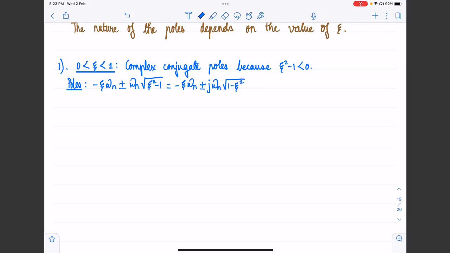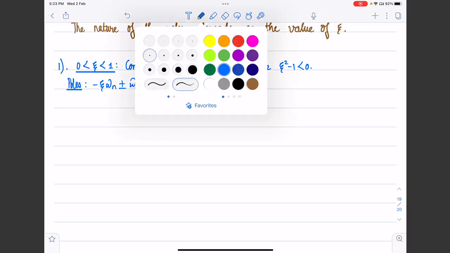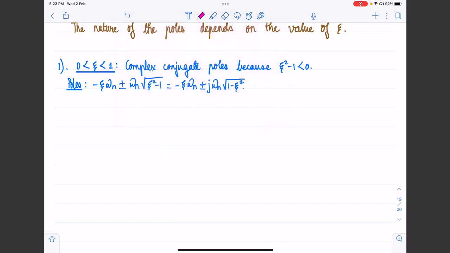The minus 1 goes out as the square root of minus 1, which is j. So that's how we see that we have a pair of complex conjugate roots when zeta is less than 1.